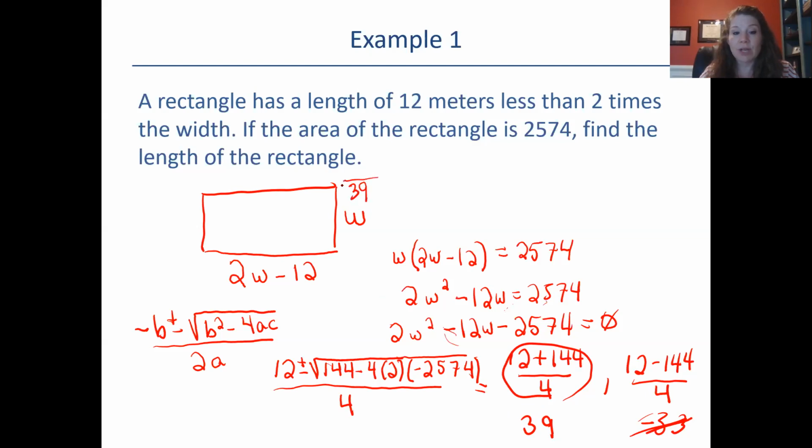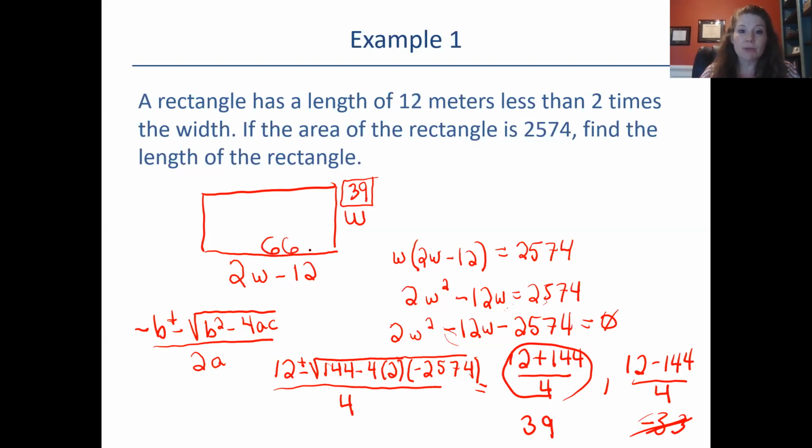If our width is 39, then our length has to be twice 39, but then 12 less than that. So 39 times 2 is 78, and 78 minus 12 is 66. Now that's the length, correct?